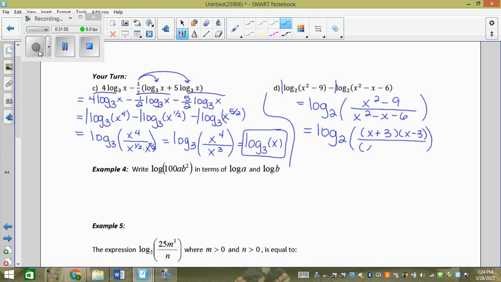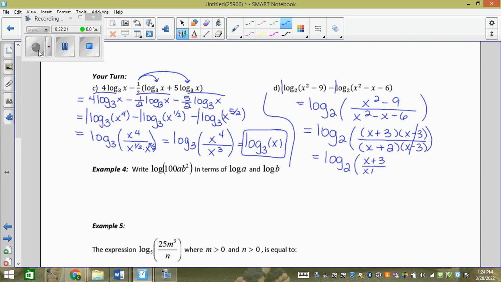It's going to be x plus 2, x minus 3. Then the x minus 3's cancel. And we get log base 2, x plus 3 over x plus 2.